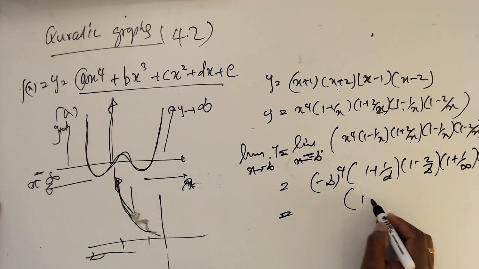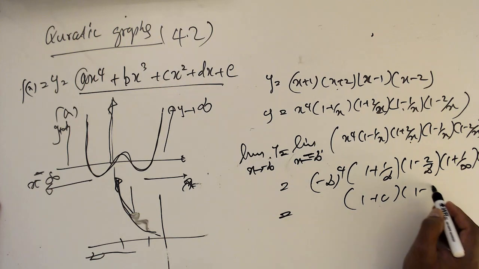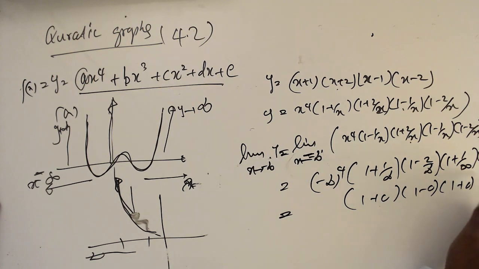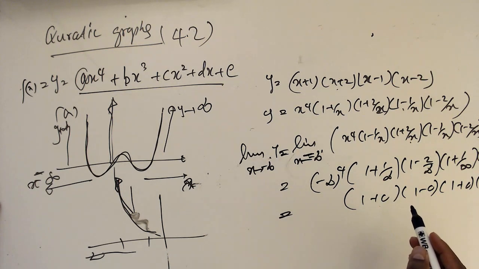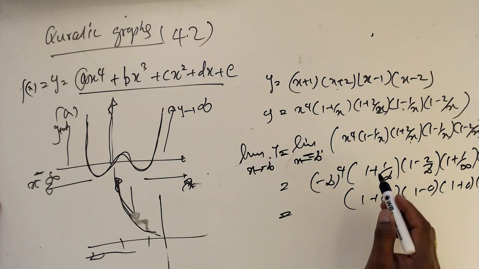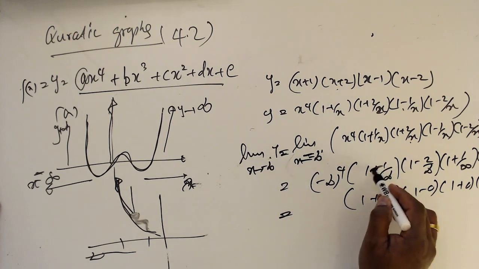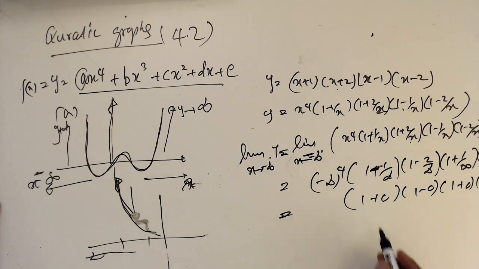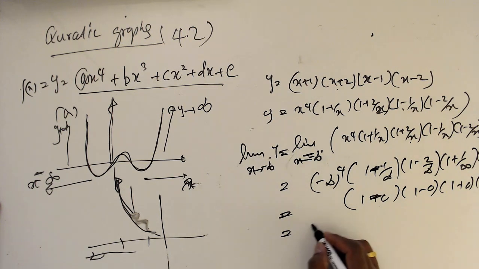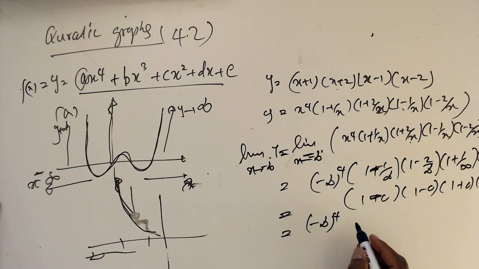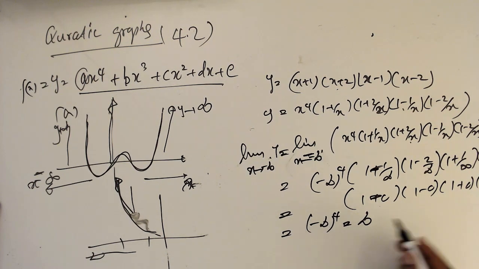So still 1 plus 0, 1 minus 0, 1 plus 0, and 1 plus 0. Then 1 times 1 times 1, and the negative to the power of 4 is going to be positive infinity.